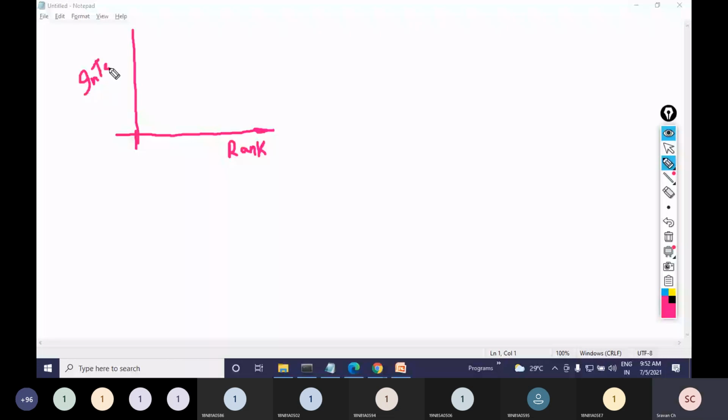Now there are certain points like plus, plus, plus, plus, plus, and let us have some negative points, minus, minus, minus, minus, minus, minus, minus, right?